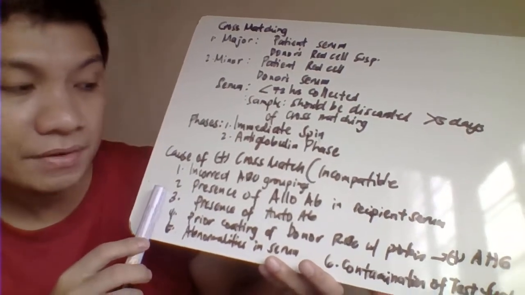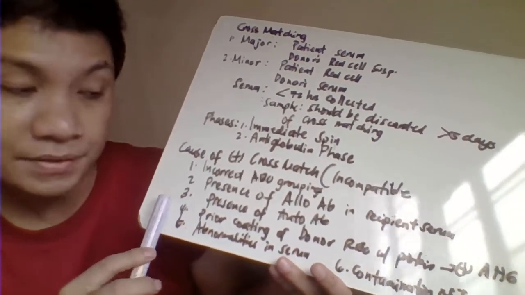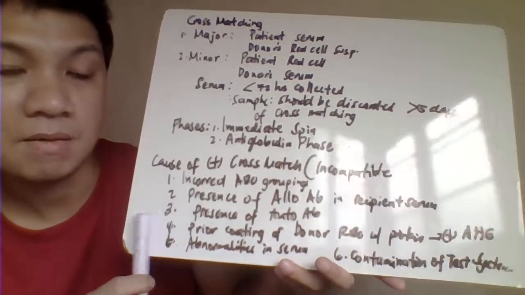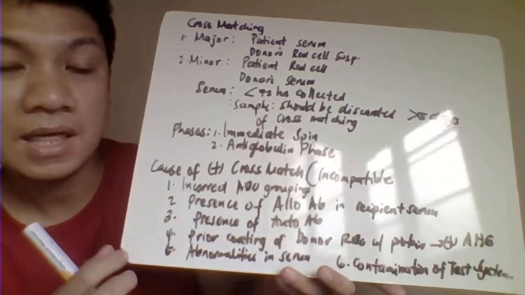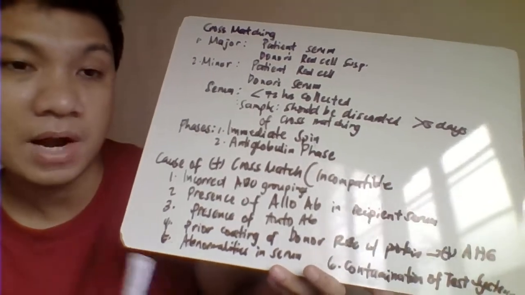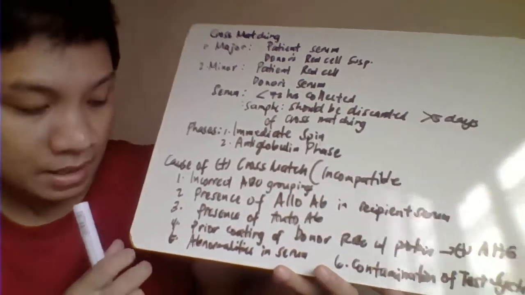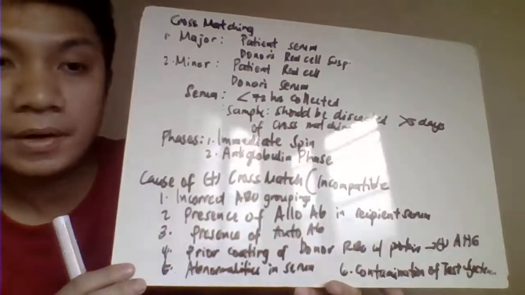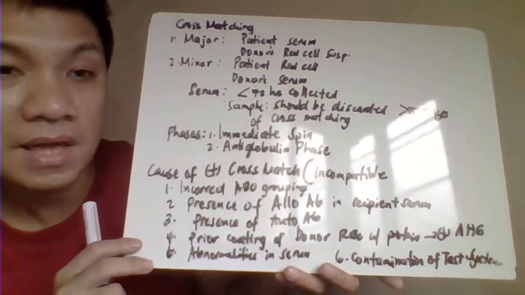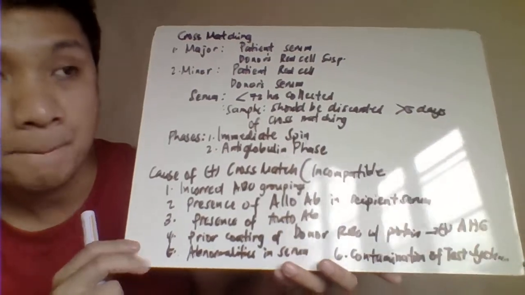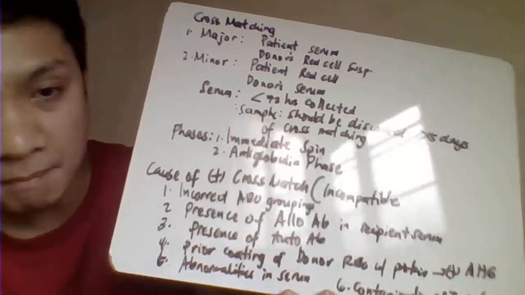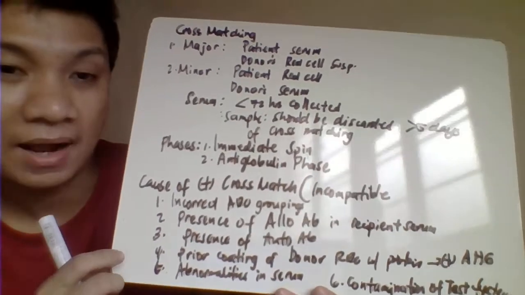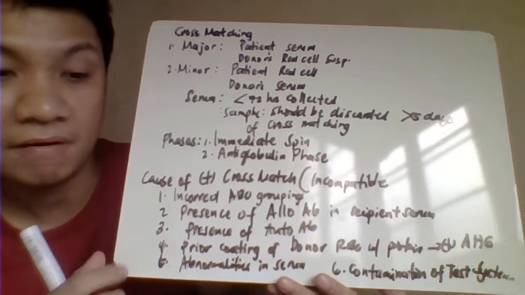Another one, the presence of alloantibodies, the presence of autoantibodies. Number 4, prior coating of the donor RBC with plasma proteins that would cause false interference with your antiglobulin testing. And number 5, abnormalities in the serum or even contamination in your test system, like for example, may bacteria, may mga small agglutinates na napagkamalan mong agglutination reaction, actually wala. And that might result in false interference.